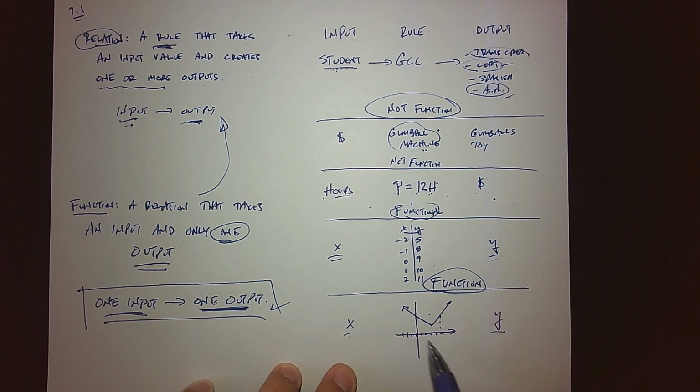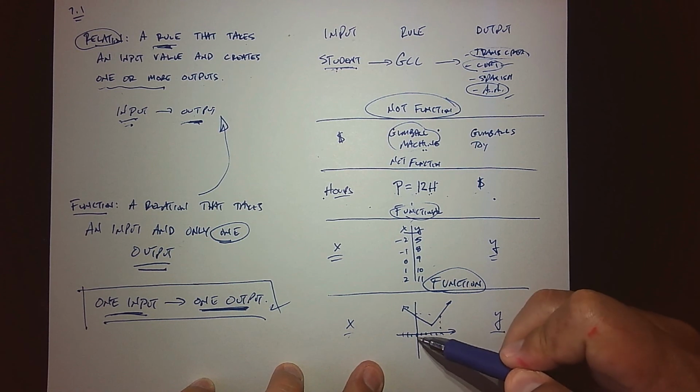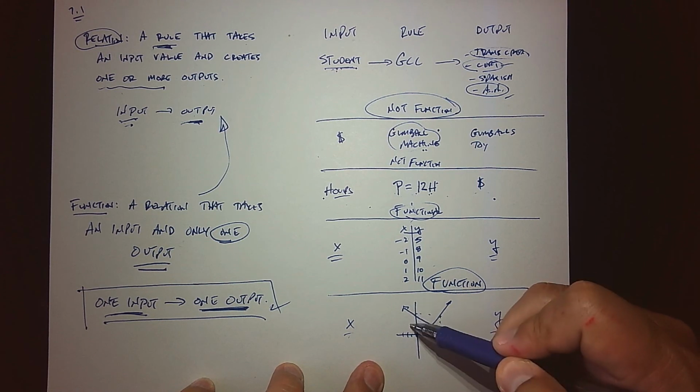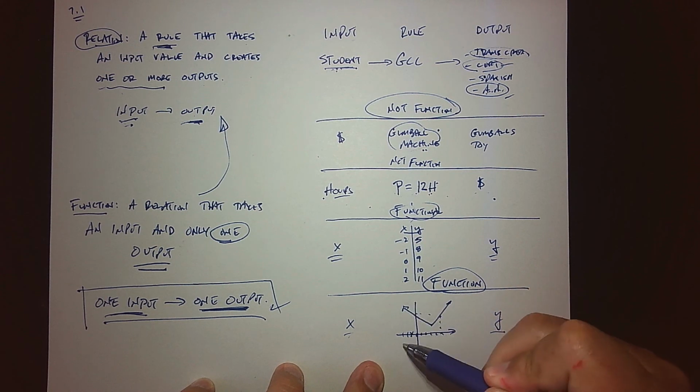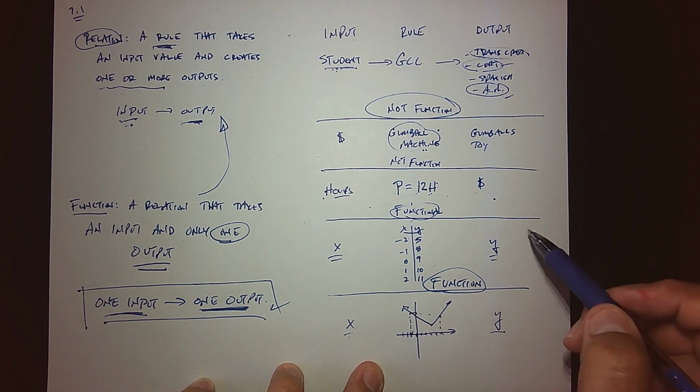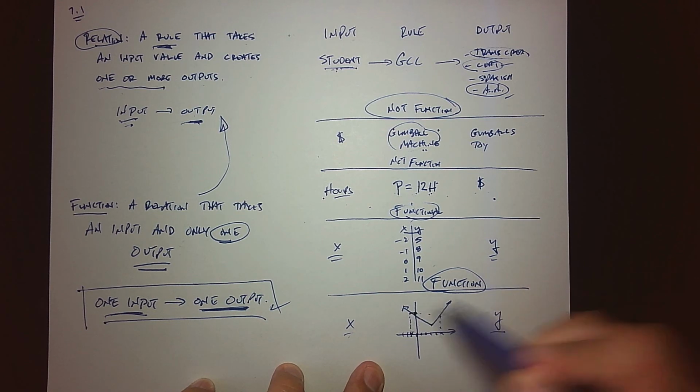And then last but not least, is this a function relationship? Some of you have probably famously heard the vertical line test. And that vertical line test is a visual way of just saying, for that x value right there, for that one input, how many y values are associated with it? Well, I only see one. And then there's actually a repeat over here. That's why you guys shouldn't think of repetition.